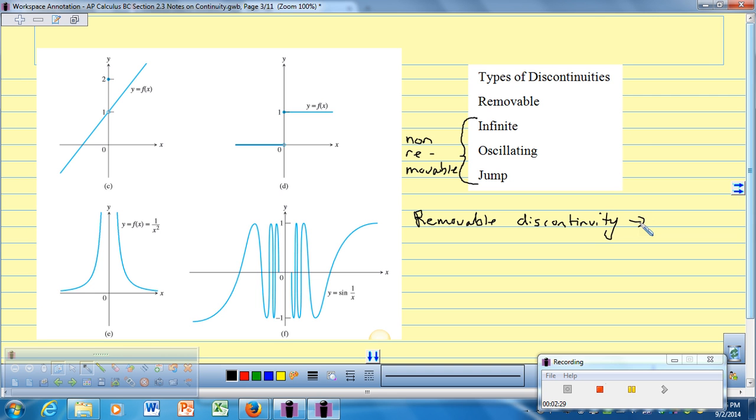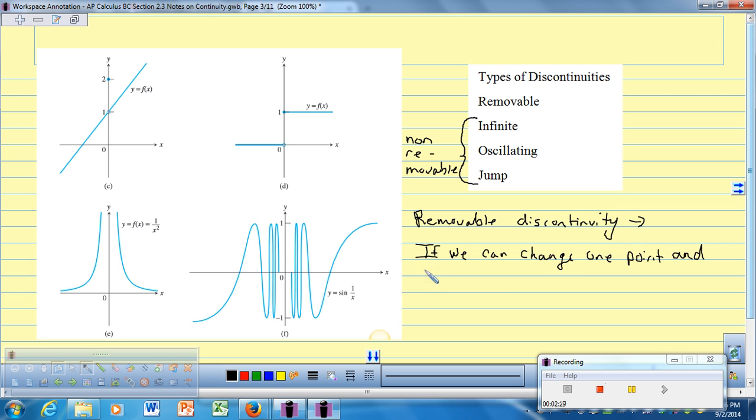And we get a removable discontinuity if we can change one point and the function would then be continuous.